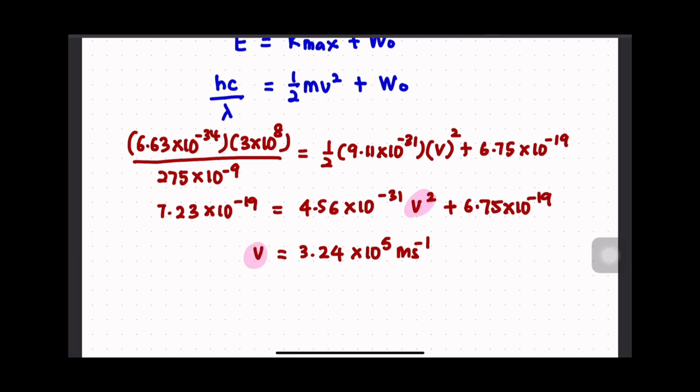Okay. So next question, they ask you to determine the stopping potential. Stopping potential is related to Kmax. Kmax is equal to half mv squared. So Kmax is eVs, which equals half mv squared.